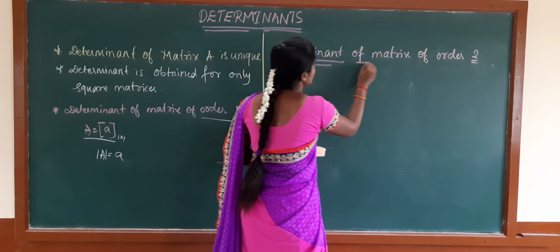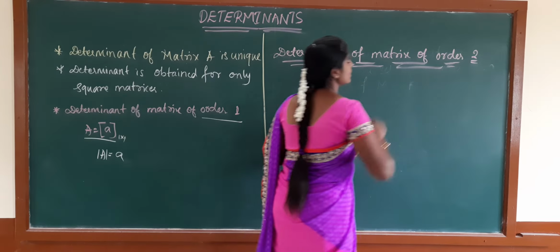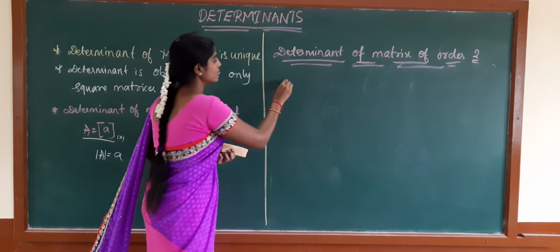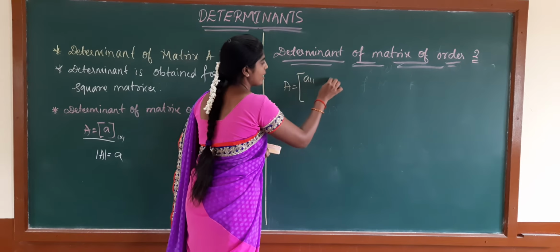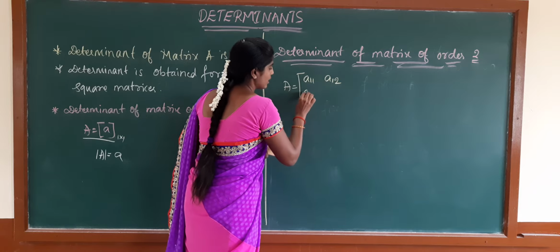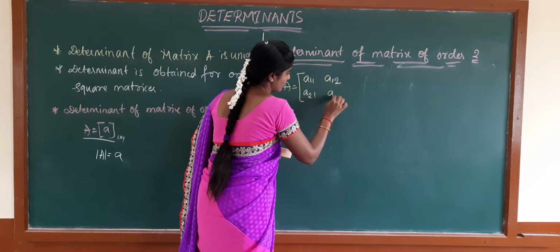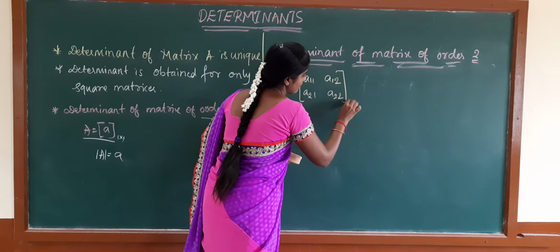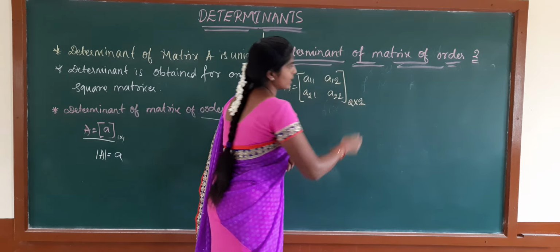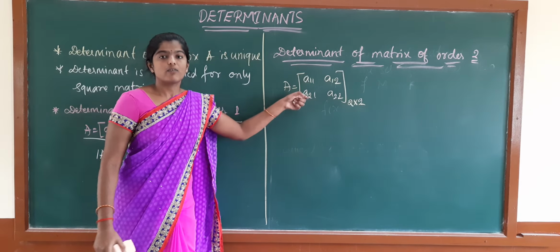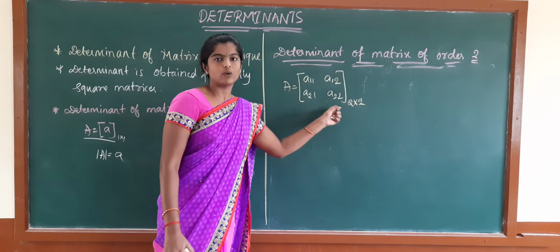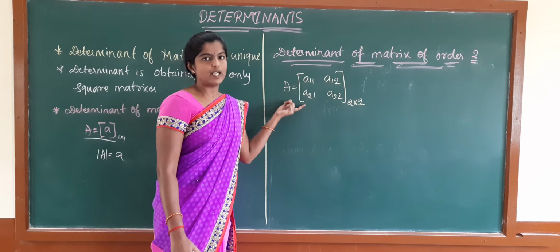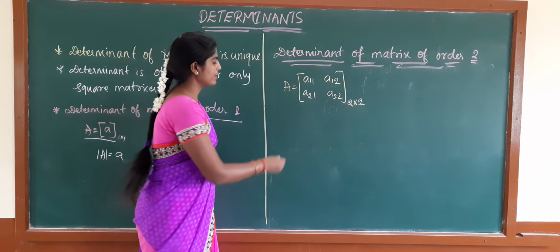A is equal to A11, A12, A21, A22. It is a 2 cross 2 matrix, a square matrix of order 2, because it has 2 rows and 2 columns. So we have to find its determinant.